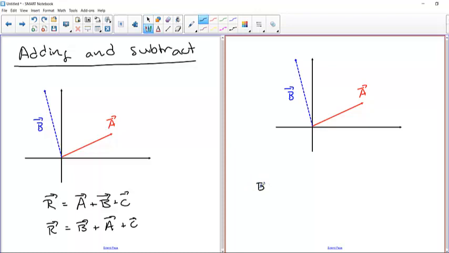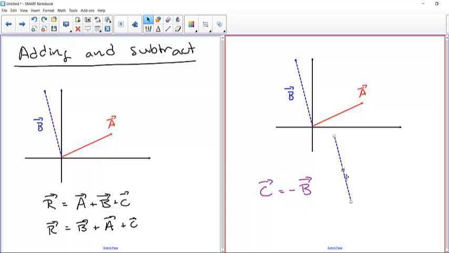let's define vector C differently this time. Let's define vector C as the negative of vector B. So here's vector B. What's the negative of vector B? We're going to call it C. I'm going to clone this thing so it's got the same length.